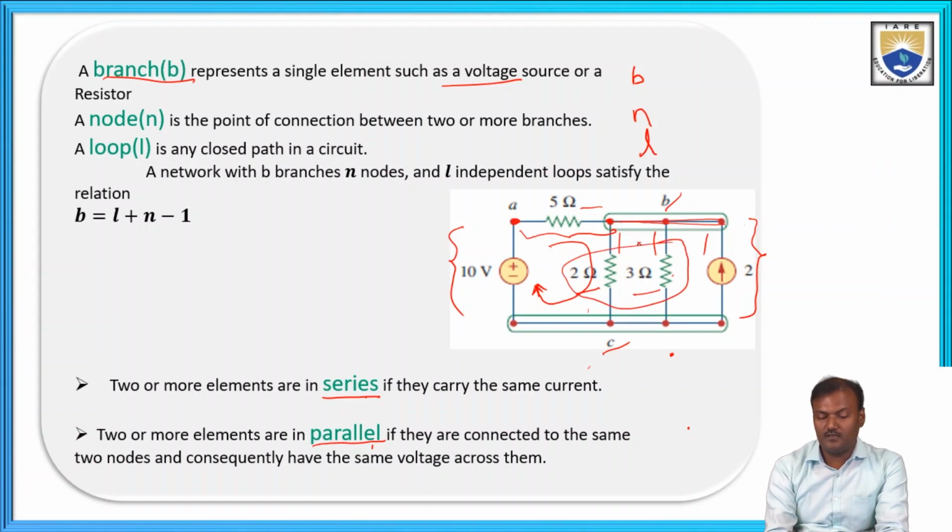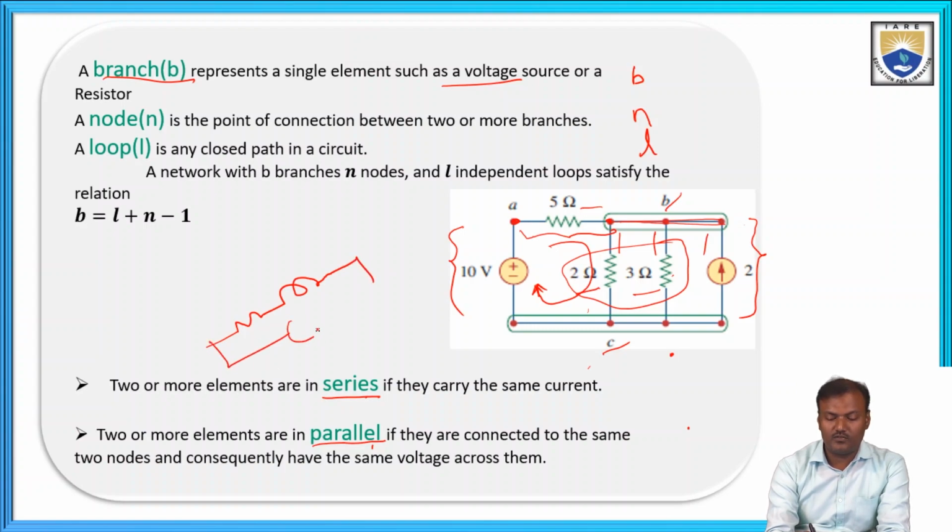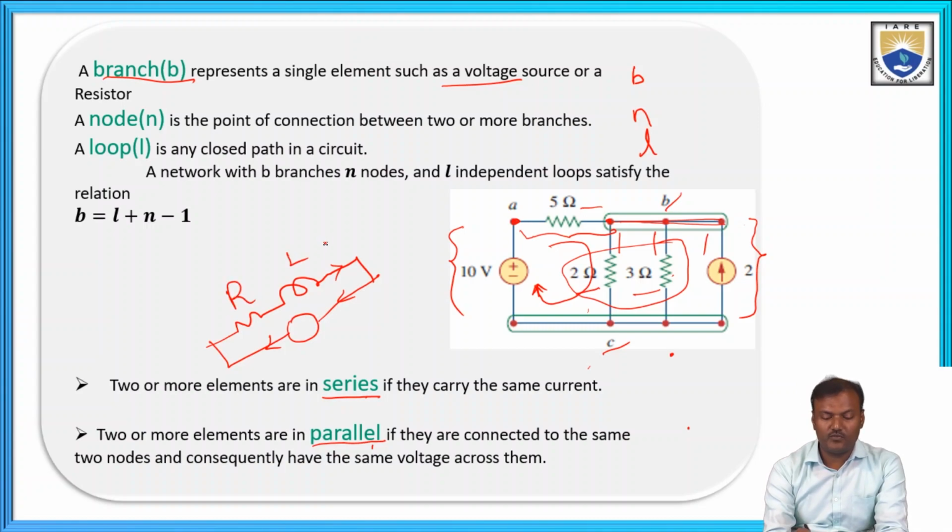For the series connection, let us say one resistive element and one inductor element are connected to a source. Then the current carried by the two elements R and L is the same, so they are said to be connected in series.